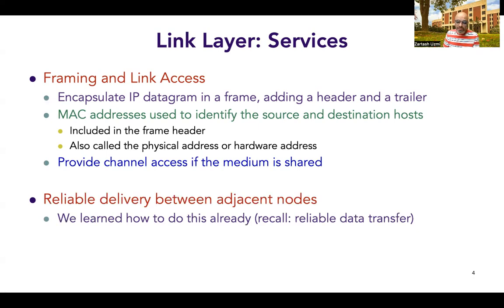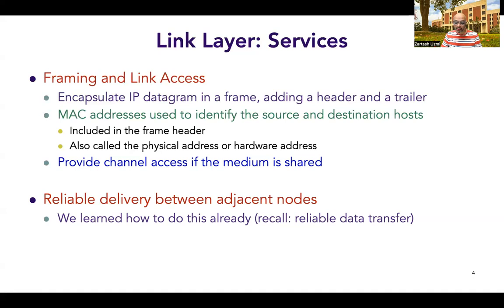Some link layer services would also include reliable delivery between the adjacent node. You will definitely have the delivery of the frame or link layer packet between the adjacent nodes, but is that delivery reliable or not? It could be reliable in some cases and not necessarily in some other cases. We do know how to do the reliable delivery.